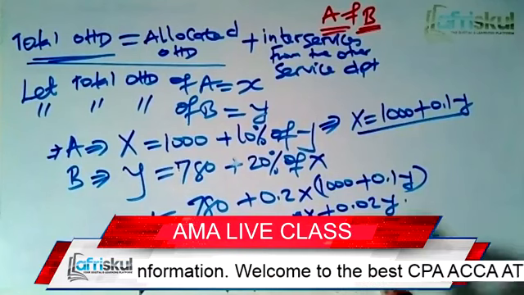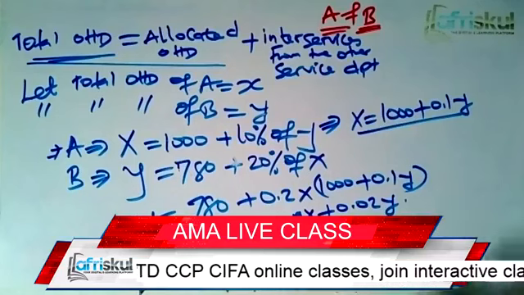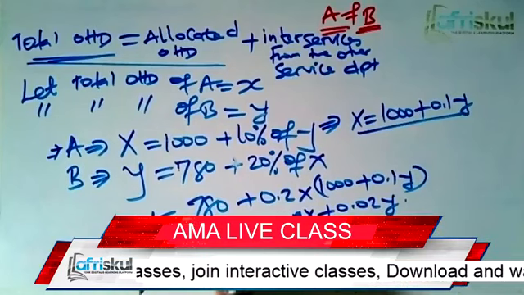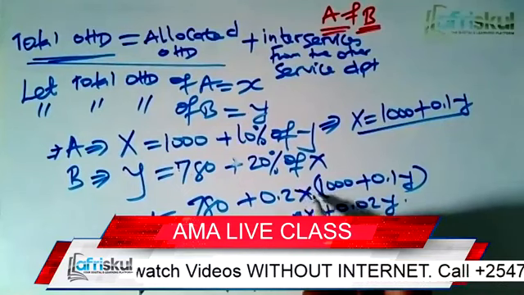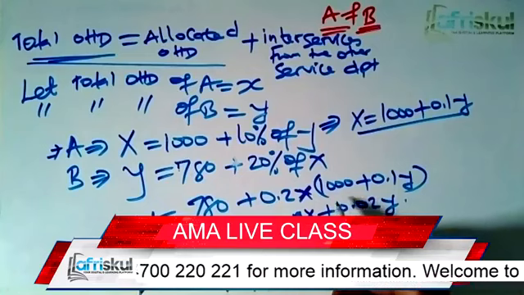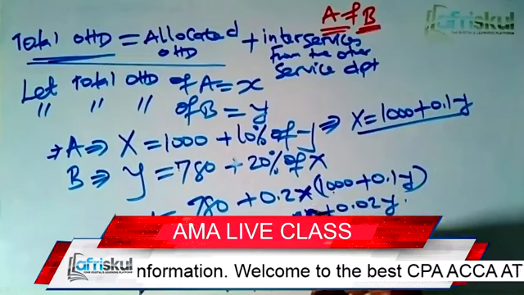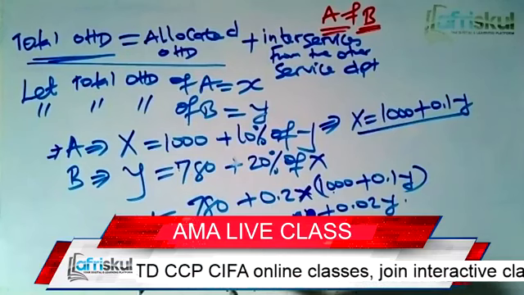From there, let's put like terms together. Take these to the other side, where the sign changes. So Y minus 0.02 Y gives us 0.98 Y, equals 780 plus 200. Sorry, this is supposed to be times, not x: 0.2 times 1,000 is just 200. So 780 plus 200 gives us 980.